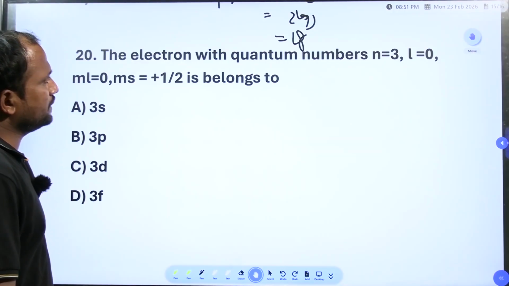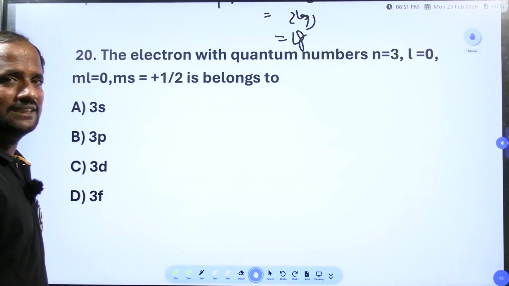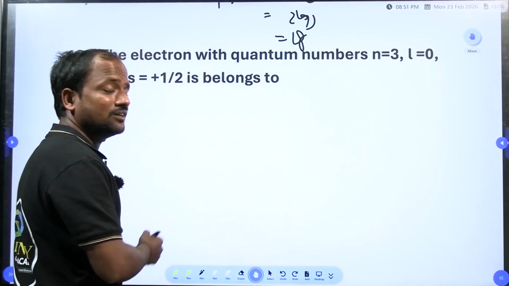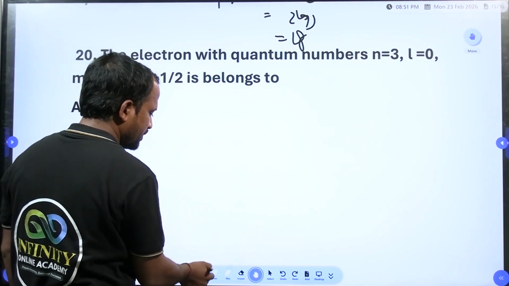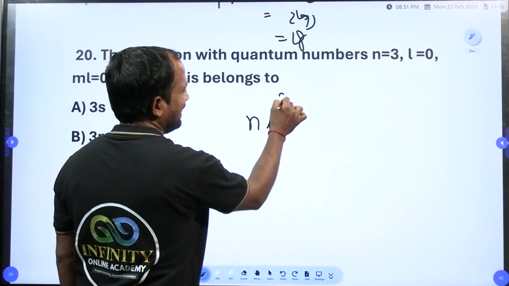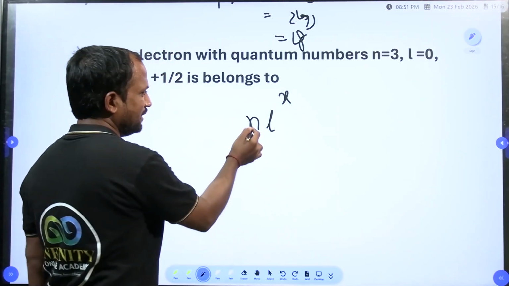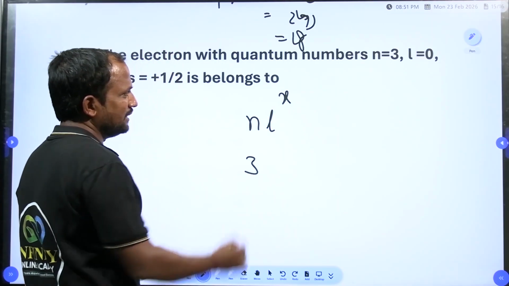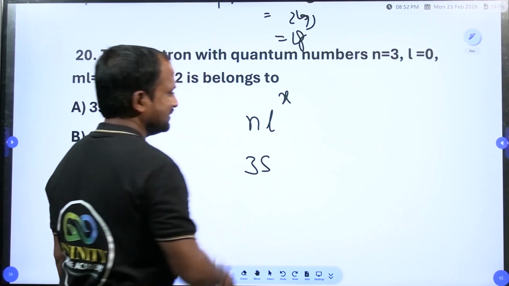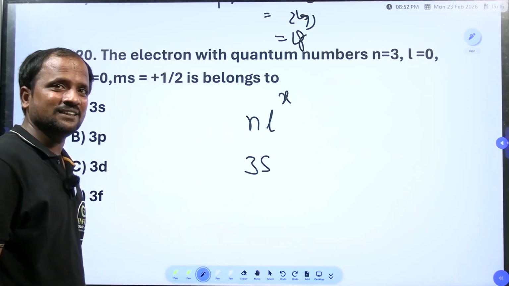The electron with quantum number n equals 3. n equals 3 means third main shell. So in the electron configuration, first what you will write is the nlx formula. Here n value is 3, then l value 0. l value 0 means which subshell? S subshell. Yes.